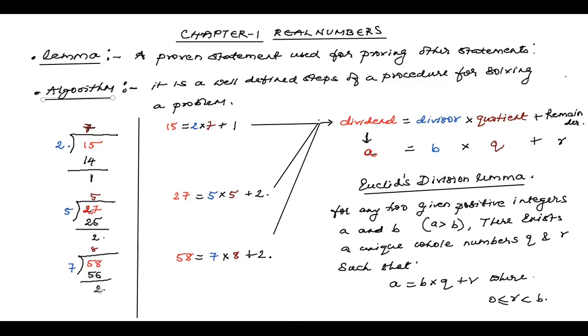Okay, so what is the remainder? 2. Don't you agree? इसको remainder बोलते हैं 2 को. Remainder less है 7 से, तो हम आगे डिवाइड नहीं कर सकते.